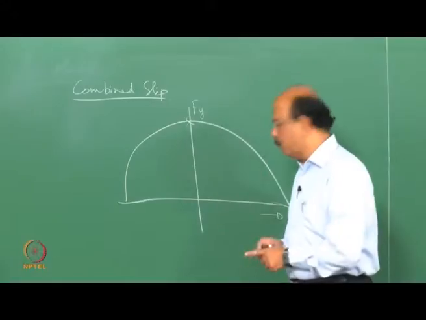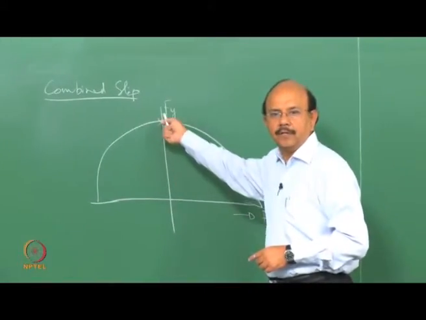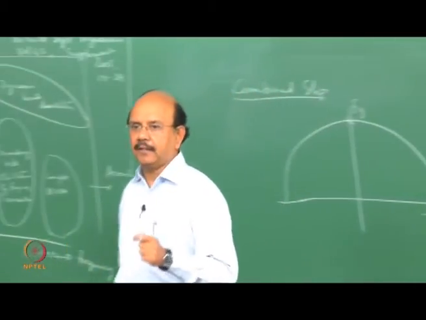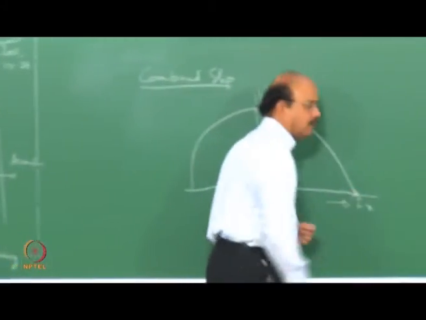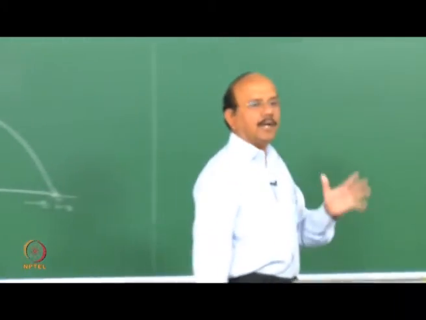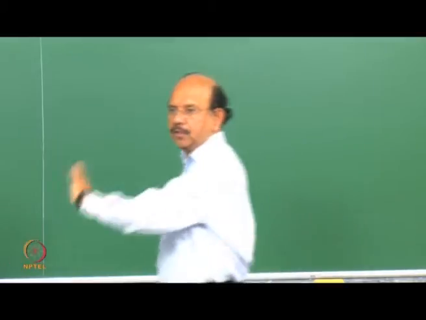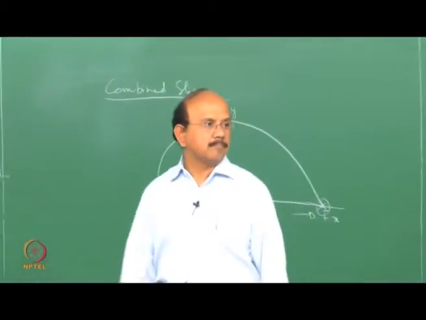So once I do not have any braking or acceleration, that is the complete force that can be used in order to generate Fy. And that's the end where I would use the complete frictional force in order to get this.